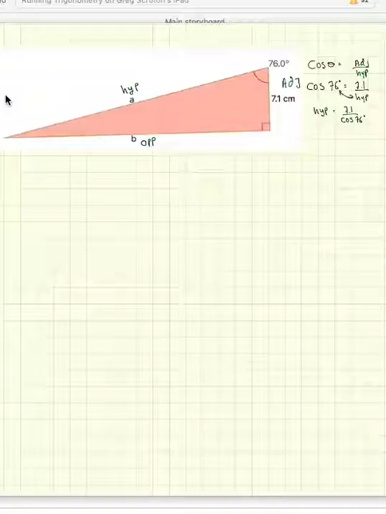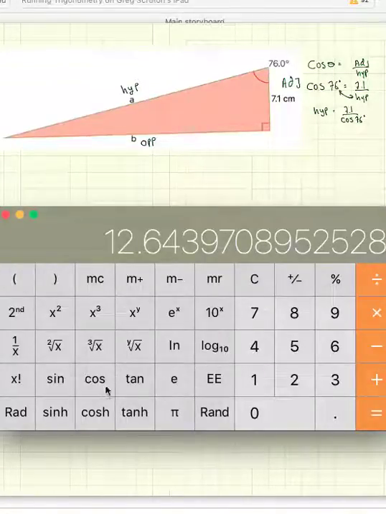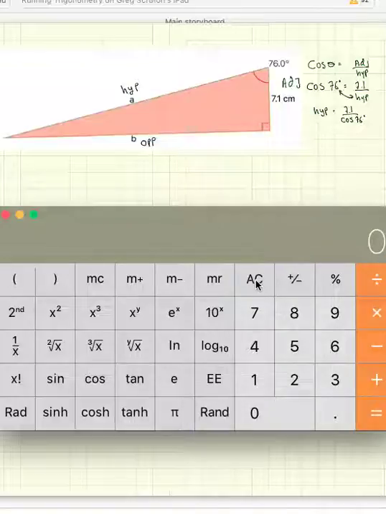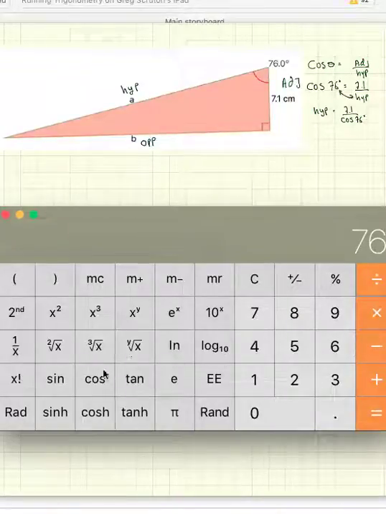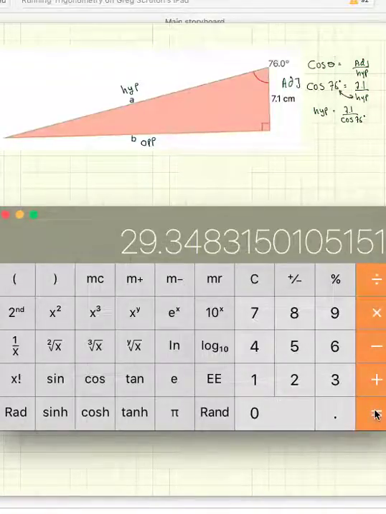All right, handy dandy calculator time. So 7.1 divided by 76 cosine is equal to 29.348. I'm going to round it to like 3 or 4 decimal places.